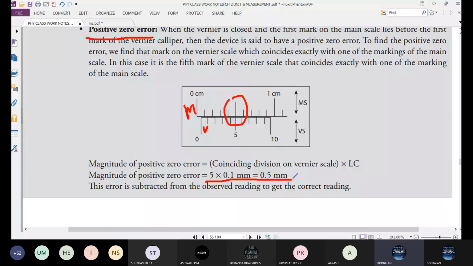The Vernier scale point and the linear scale point, linear scale or main scale, are the same point. See here, 1, 2, 3, 4, 5. Fifth point, 5 into 0.1.